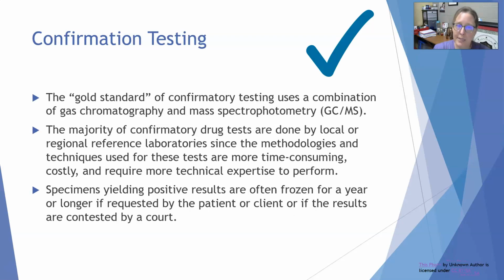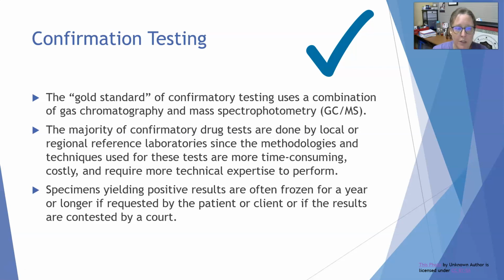But let's say there is legal ramification and something triggered a positive on the initial screening test, and we need to order confirmation testing. Usually the gold standard of confirmation testing is gas chromatography and mass spectrometry. So GCMS testing is it. And just to let you know, GCMS testing is usually done in reference labs. Your average lab in your hospital or clinic is not going to have GCMS testing capacity.